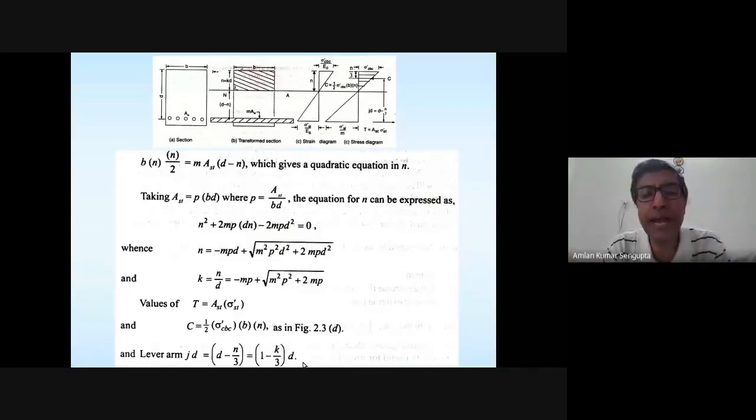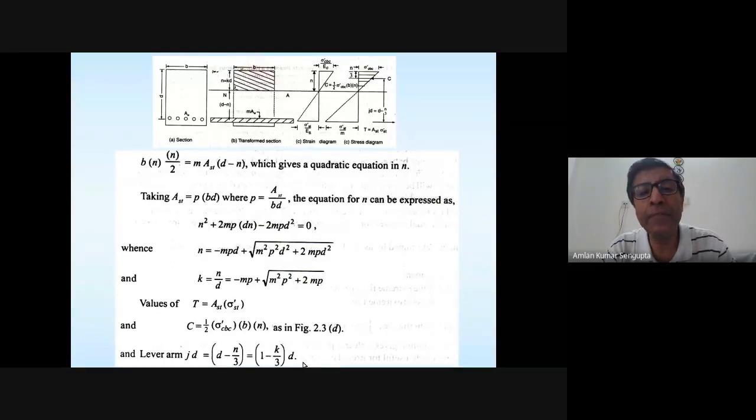Okay, let me just add a few comments. You may think, why are we introducing this type of factors? These factors are actually dimensionless numbers. Whether you are using the SI system of units in India or the US system, it doesn't matter.